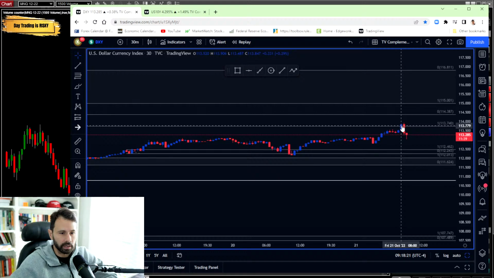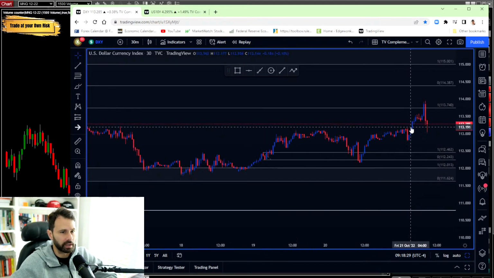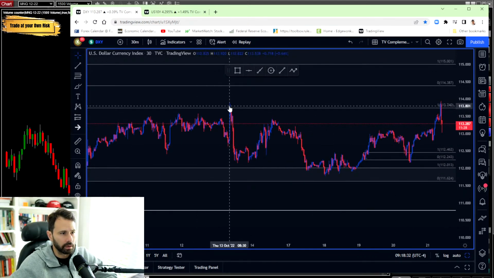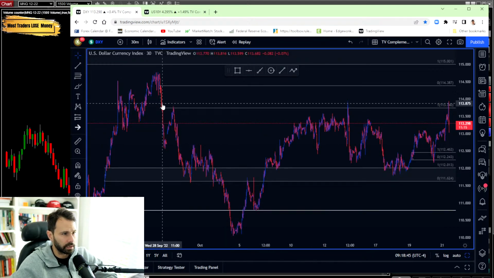An hour ago the FX market opened up here in the US, and we're giving up some of the gains. This is the second time we revisit this zone. Again, 8 in the morning. This is last Thursday, last week, and then here again, a US trading session retest during London.